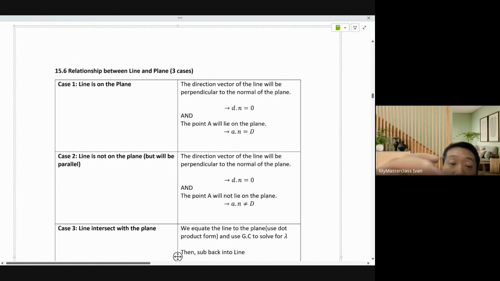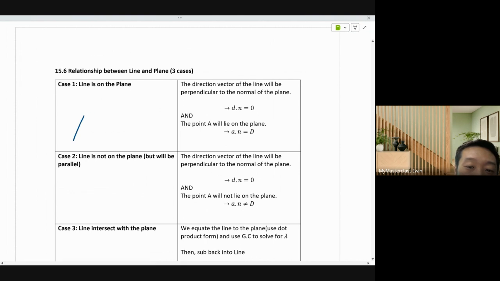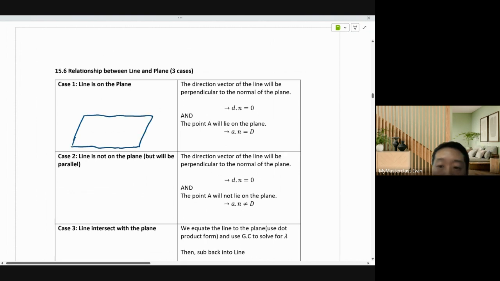First, I want you all to draw a plane for me, which is a parallelogram. Come, draw a plane for me. Okay, guys, really just be focused with me. Can? Yes. I ask you to draw. Do you draw? Okay. A plane will always have a normal.